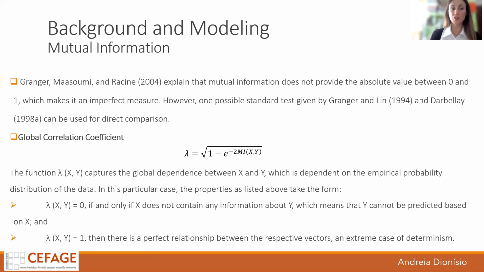We follow the proposal of Granger, Maasoumi, and Racine, who propose this lambda, the global correlation coefficient, which is given here by the mutual information. So it's based on the mutual information between variables. This global correlation coefficient will be 0 if and only if the variables are totally independent, so in the case that mutual information is null, and will be 1 when there is a perfect relation between the variables, when the mutual information has a very high value.